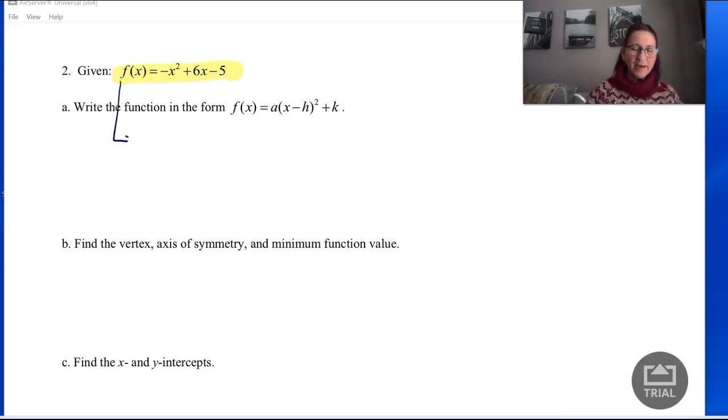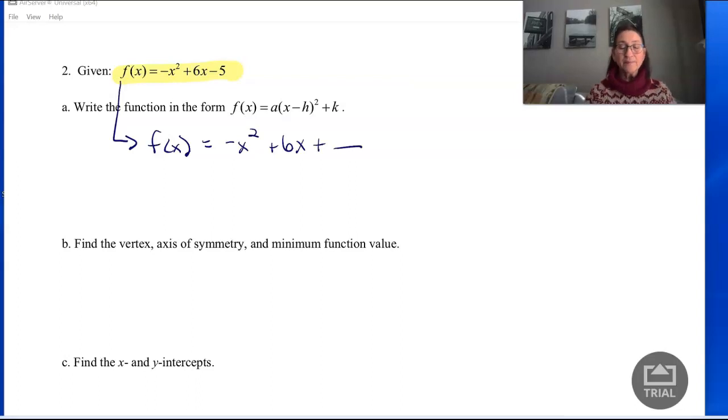So I'm going to go ahead and take f of x equals, I'm going to separate my x terms, or my variable terms, from that constant term, just like I did before. So negative x squared plus 6x plus blank, minus 5 plus blank. Okay, now here's what's a little kind of tricky, maybe.